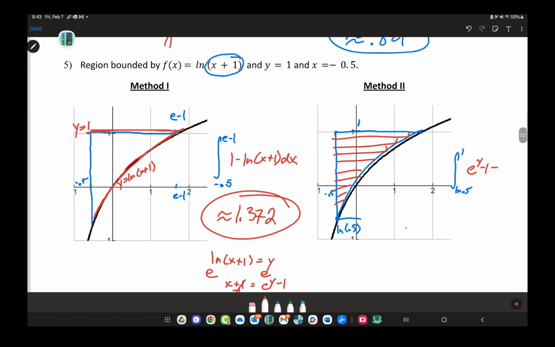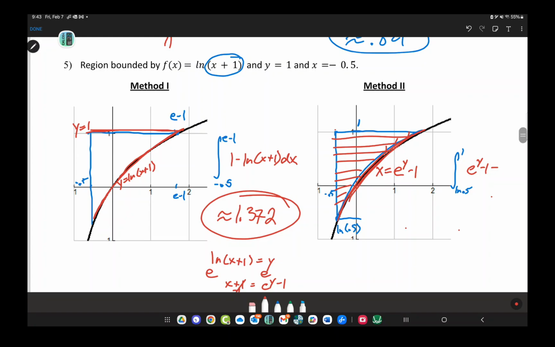So this is my greater function. Now in terms of y, this function is x equals e to the y minus 1.